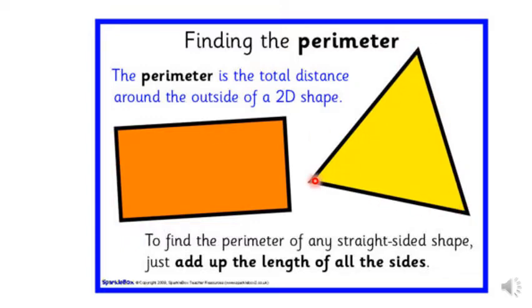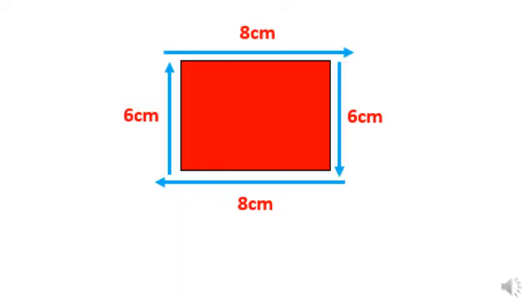And if I asked you to find the perimeter of these shapes, you would have to add up this length plus this length plus this length. So sometimes when you're asked to find the perimeter, the measurements of the sides are already there, which is very helpful.